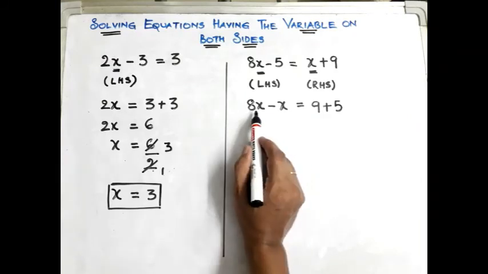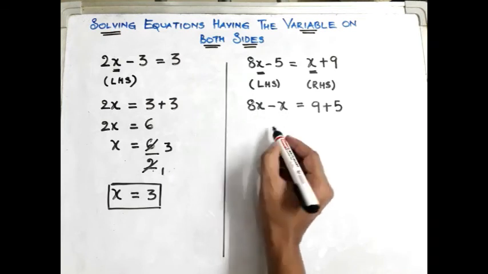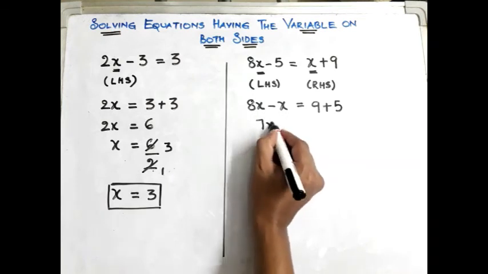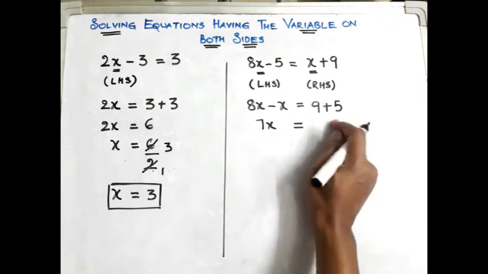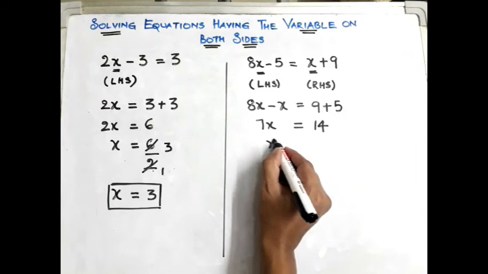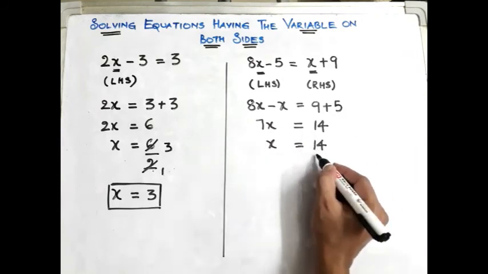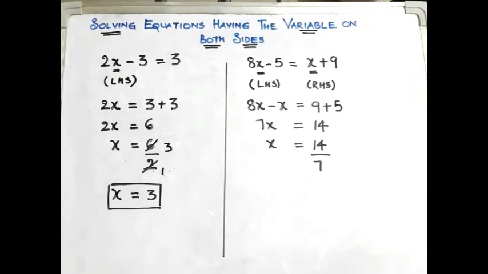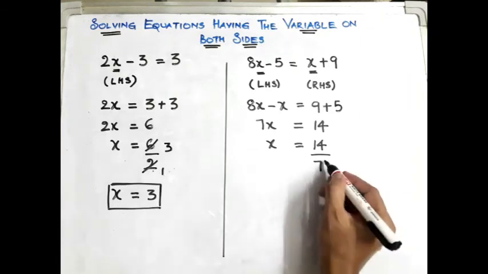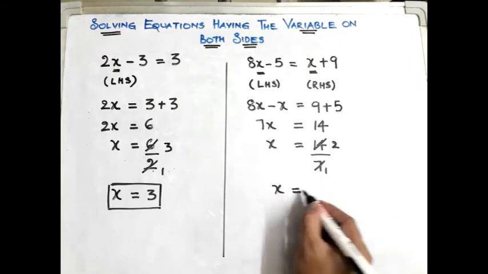Now 8x minus x, as both are like terms, gives us 7x is equal to 9 plus 5, 14. Now x is equal to, as 7 is in multiplication with x, if we transpose it, it will become division. So 7 1s are 7, 7 2s are 14. So the value of x is equal to 2.